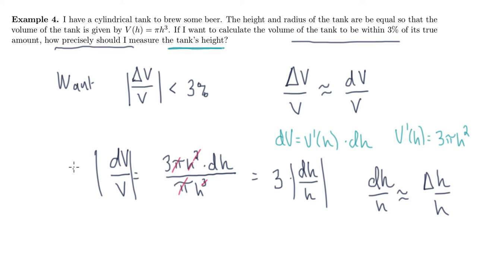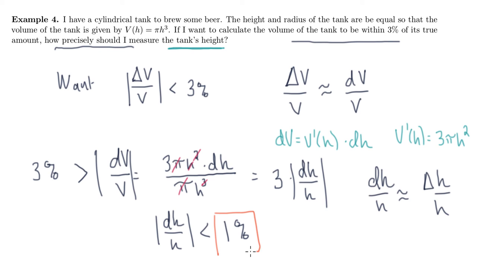So I would like this to be less than 3%. But then look, that means that dH over H, if I just divide by 3, should be less than 1%. So I want to measure the height within 1% to guarantee, well, to approximately guarantee, that the volume of the tank be within 3%.